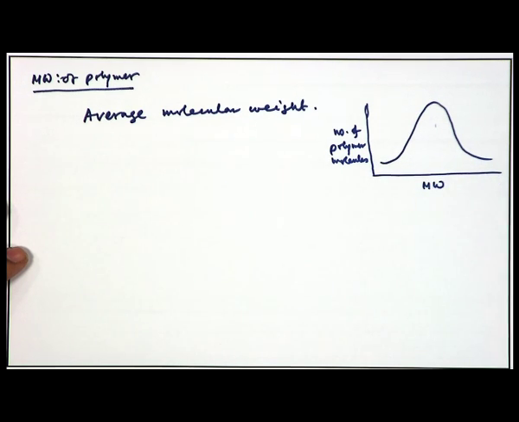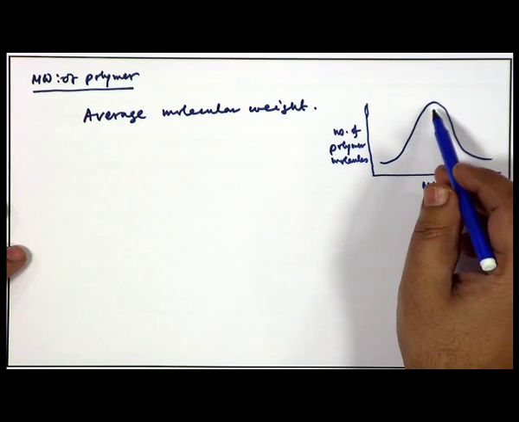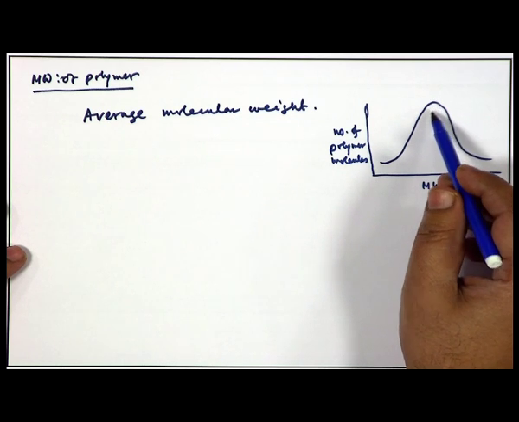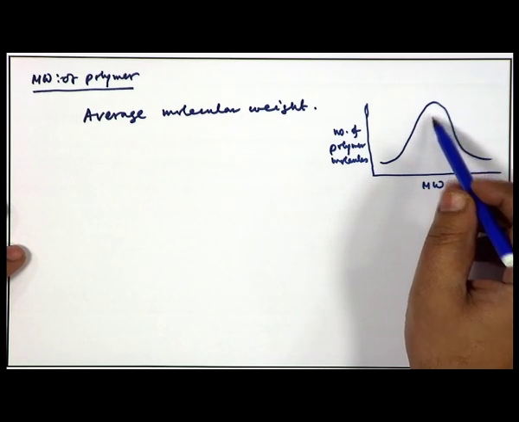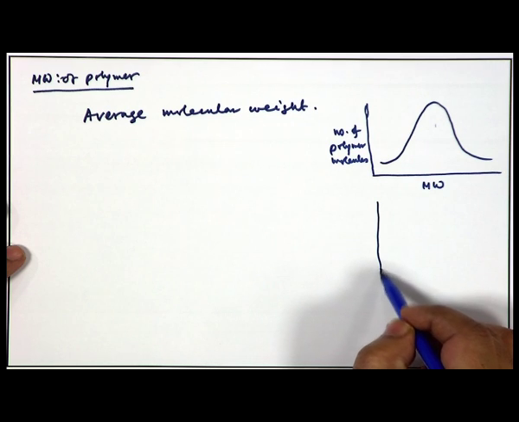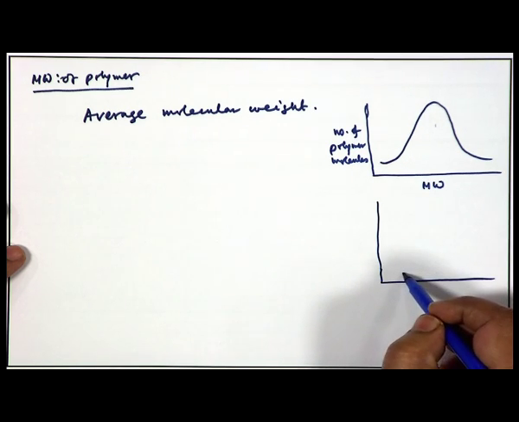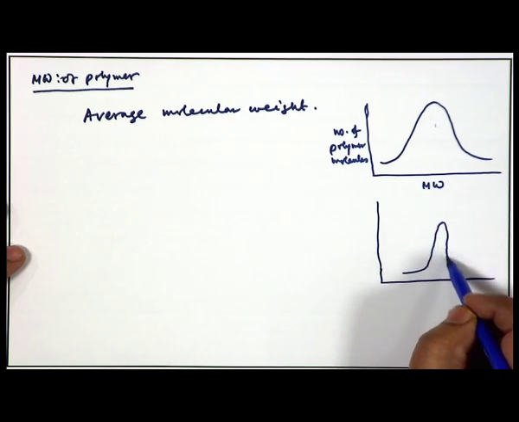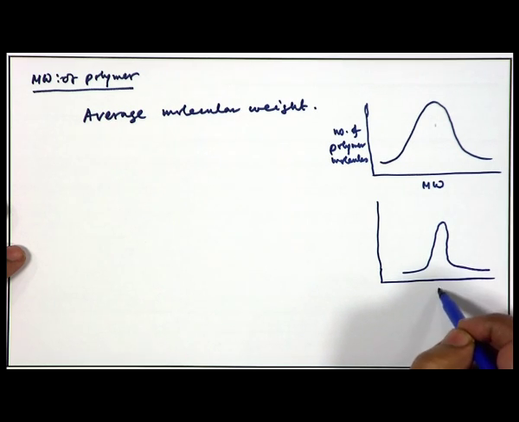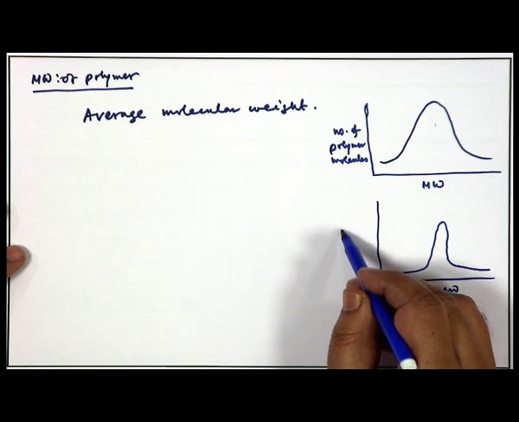Now, you can think that there could be a scenario where you will have the same average, but maybe a narrower distribution of chains.